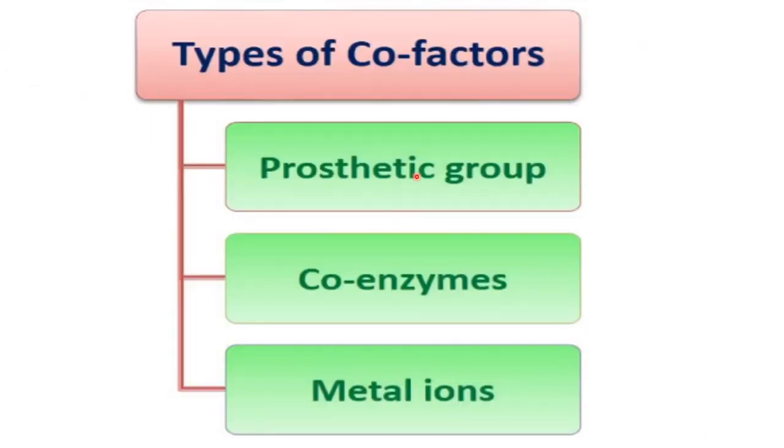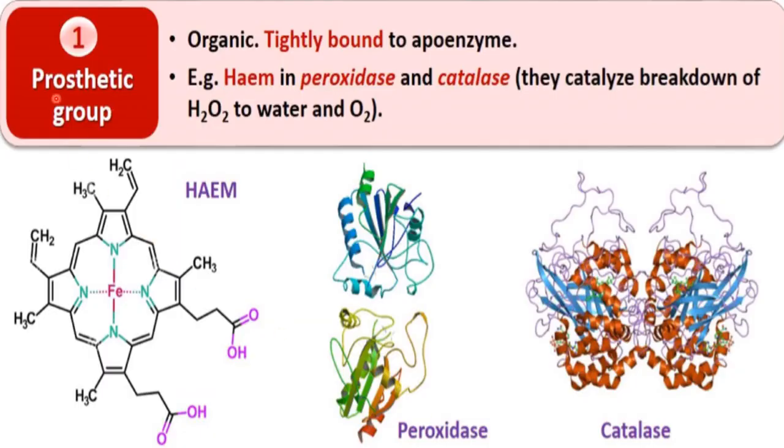Now these are the types of cofactor: prosthetic group, coenzymes, and metal ions. So let's see what a prosthetic group is. Prosthetic groups are organic in nature, and they are tightly bound to the apoenzyme, meaning the bonds will be strong. The apoenzyme is the proteinaceous part of the enzyme, and the prosthetic group is the cofactor, the non-proteinaceous part, right? An example of a prosthetic group is heme in peroxidase.